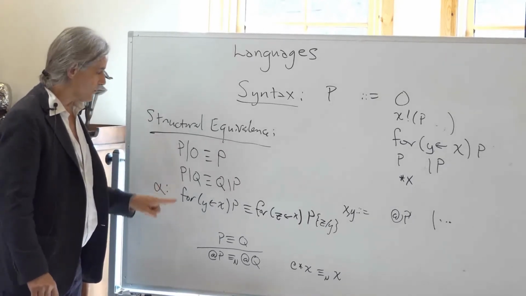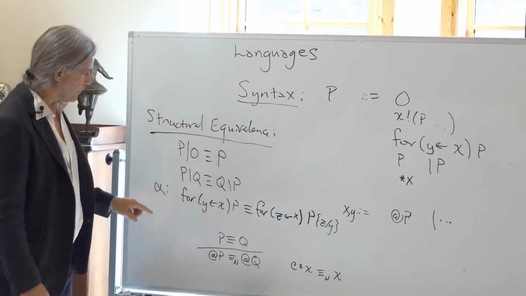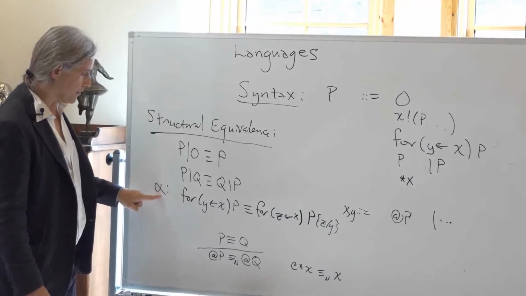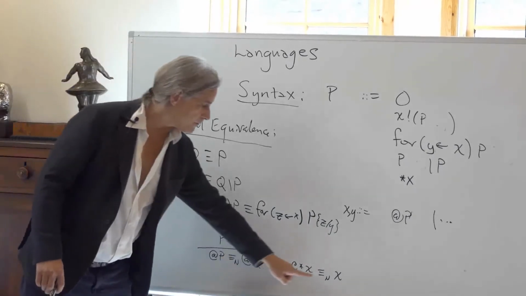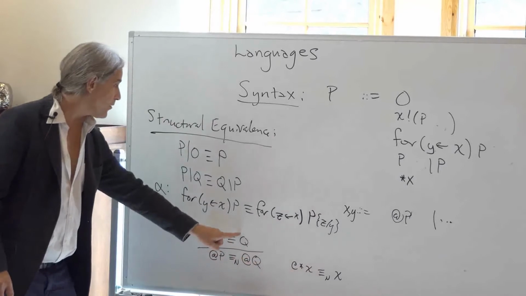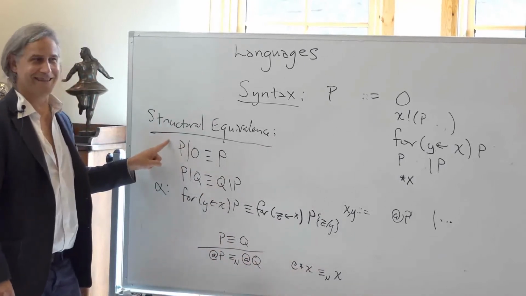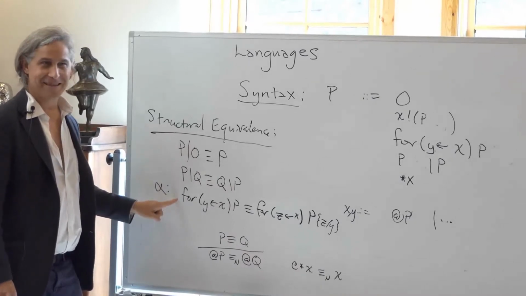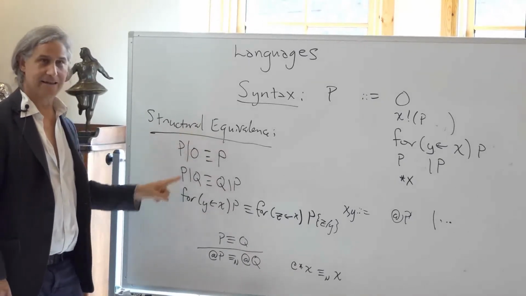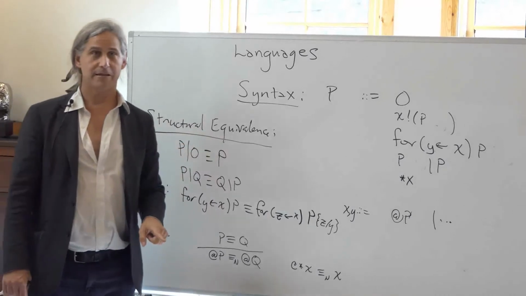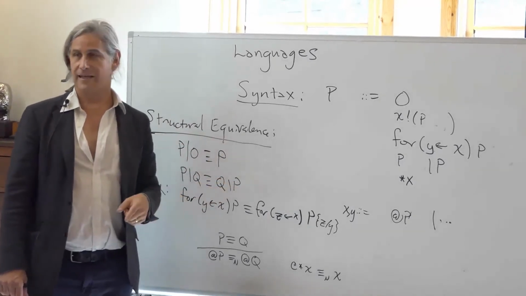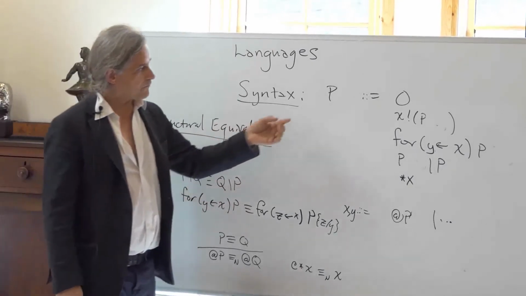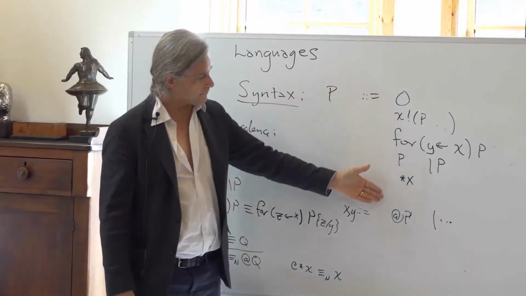And now notice that alpha equivalence depends upon name equivalence, which depends upon structural equivalence, which depends upon alpha equivalence. So we've got a loop. And what you have to do to get off the ground is to say that there's a way to break the loop.